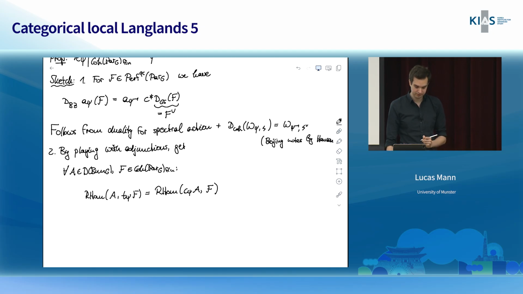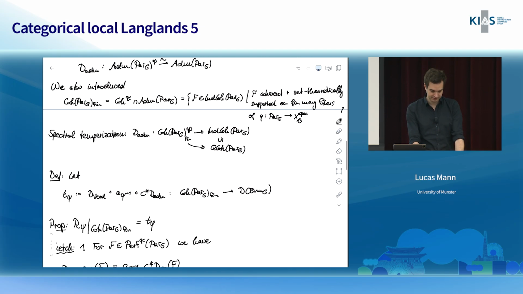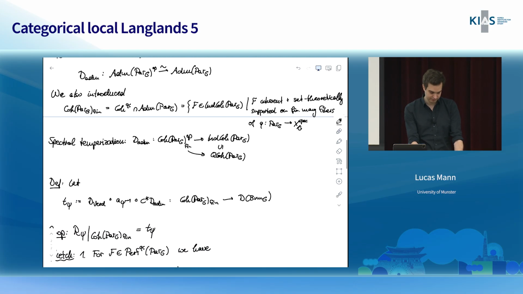Okay, and I looked a while at how to do this, and I did not find a nice way to say this. It's essentially 10 to 20 lines of manipulations, but it's pretty much formal. You just take the input that you have in step 1, and then you start transforming. In the first step, you plug in the formula for T psi. Then you see that there's some Verdier duality at the end.